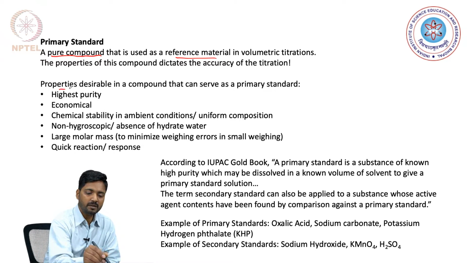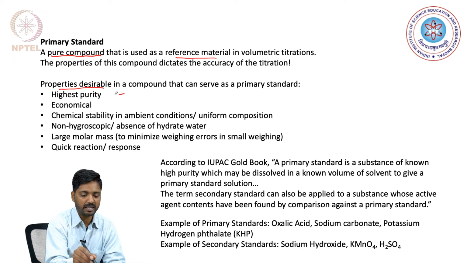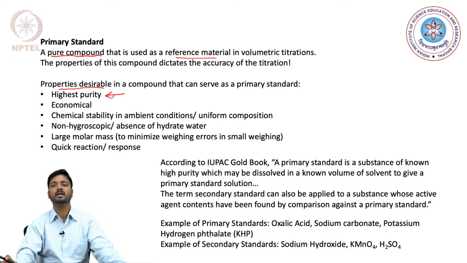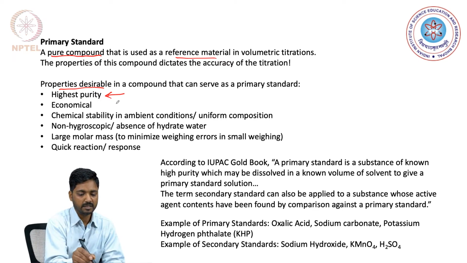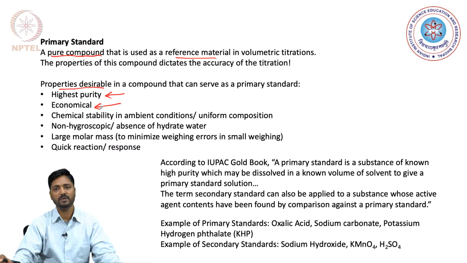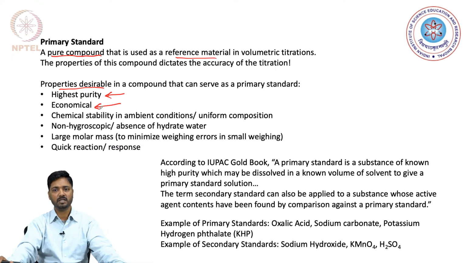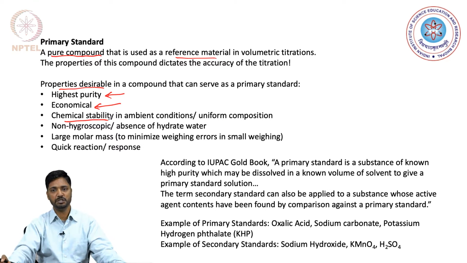And what are these desirable properties? This compound should be available in highest purity, this goes without saying, and of course for practical considerations it should be available economically, it should not be very costly so that we can continue using it regularly. And another important aspect with regards to practical utilization of primary standards is their chemical stability under ambient conditions.